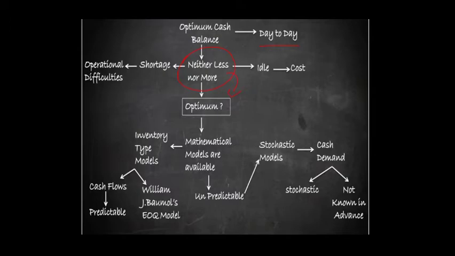It means there is idle cash balance, and idle cash balance comes with a cost. And what is the problem if there is a shortage in cash? It will lead towards operational difficulties.